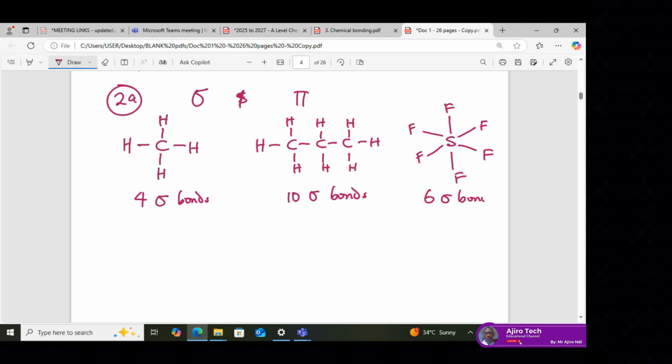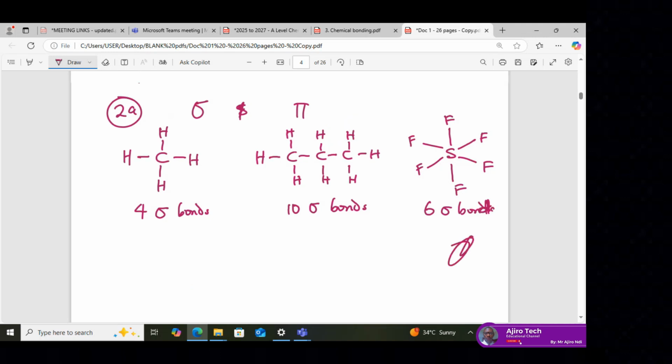Now I'm doing something. Oh, this pen again. Hold on. If I touch this down. Okay, thank God it's working. So 6 sigma bonds. Now let me do something.